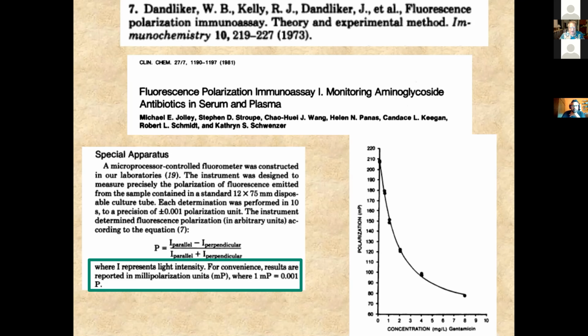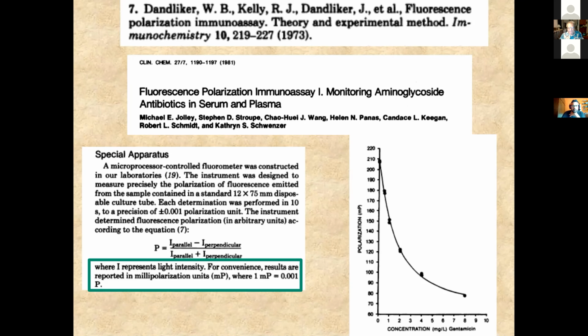Well, I went up there in 1981 in Chicago, where they were located, and said, why on earth do you do this? Why don't you just use the polarization? And they explained to me, well, they wanted this to be a point of care instrument, so in doctors' offices, et cetera. And they showed this to a number of doctors, and they said, well, it looks okay, but you're going from like 0.2 to 0.1.